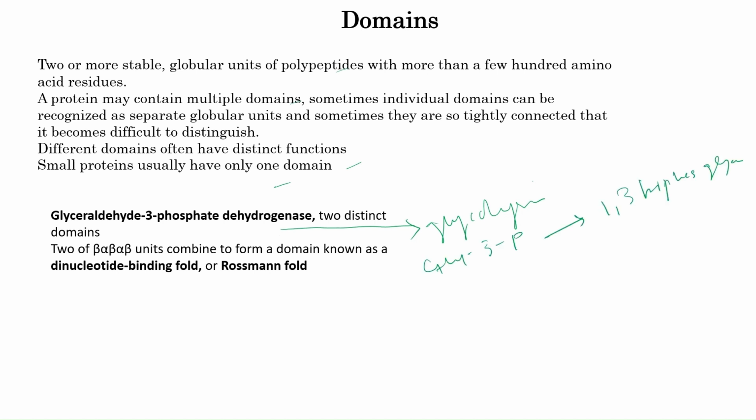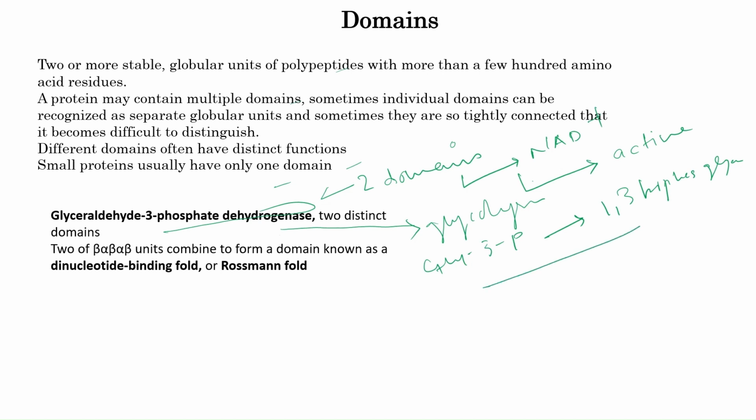This enzyme consists of two different domains. One domain binds with NAD plus and the other domain is its active site where this conversion takes place. So this enzyme consists of two domains, one for binding NAD plus and another for converting glyceraldehyde 3-phosphate into 1,3-bisphosphoglycerate.